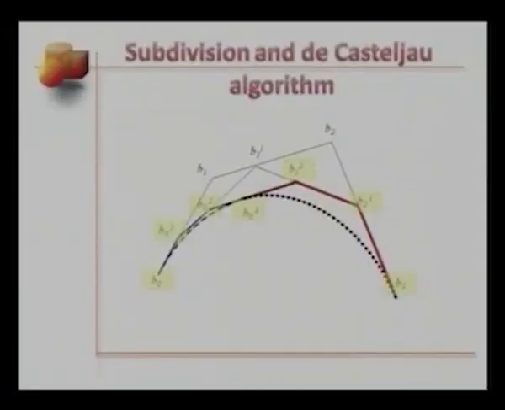Before we go on to the next method, let me pose a few questions to you. Try to figure what will happen if I change the location of any of these points. I must tell you here that the subdivision procedure essentially lets go of this original control polyline and replaces that with two sets of data points, again, P0 to Pn and Q0 to Qn.